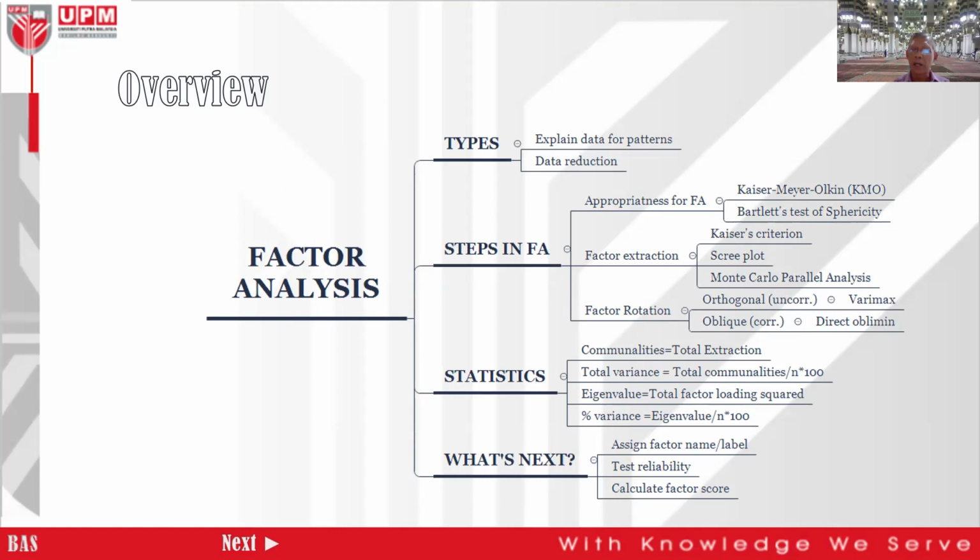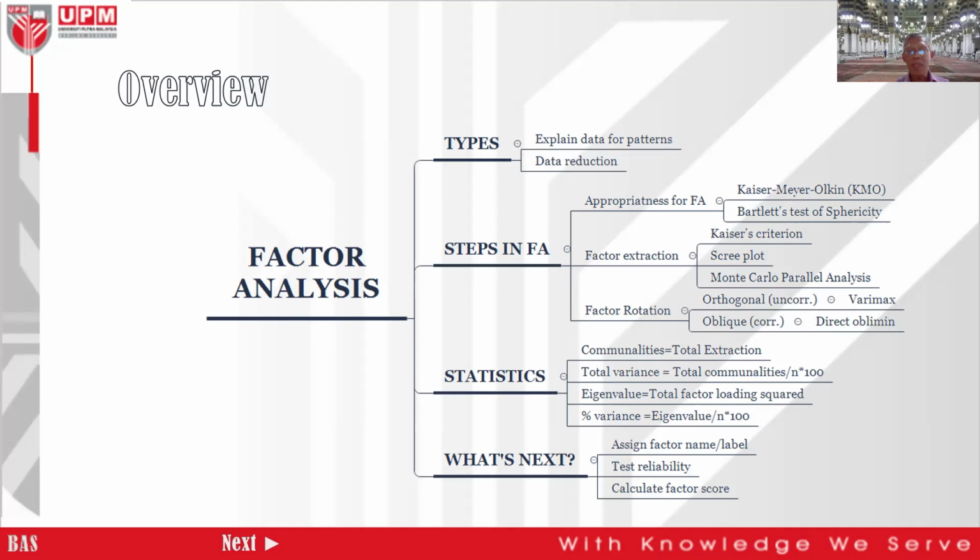But personally, my bias is I prefer to use the orthogonal, uncorrelated method, where I use Varimax as the procedure for factor rotation. But according to authors, in most cases these 2 procedures will yield comparable results for your factor rotation. Okay, that will be the step.